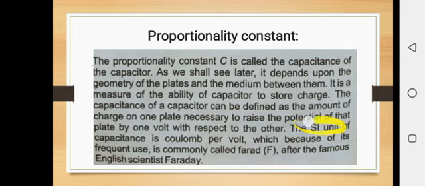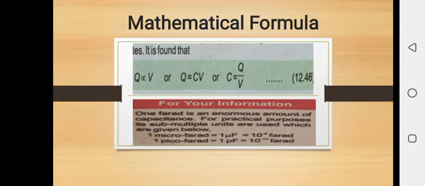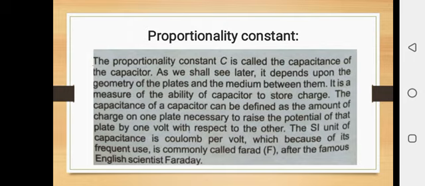The SI unit of capacitance is, always remember, coulomb per volt. How? With the help of this formula, charge unit is coulomb and potential difference is volt. So the unit of capacitance is coulomb per volt. But the commonly used unit is farad, while the SI unit is coulomb per volt.